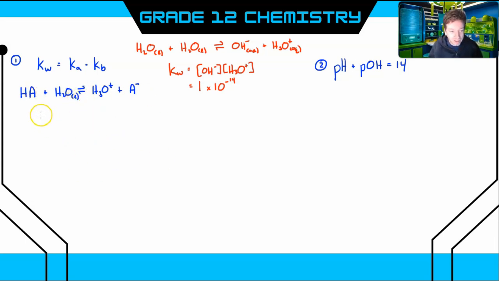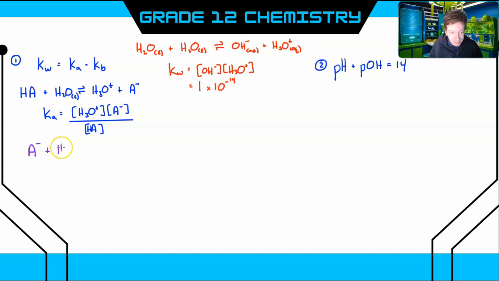So if we were to write our Ka value here, Ka would be equal to hydronium times our conjugate base all over our acid HA. Okay, now let's look at that conjugate base.